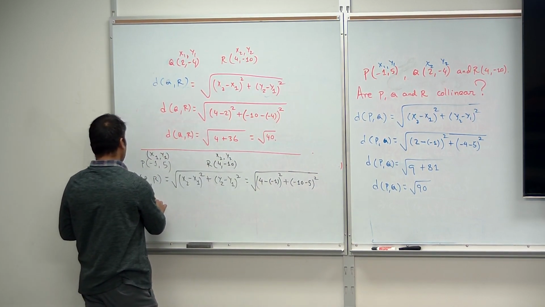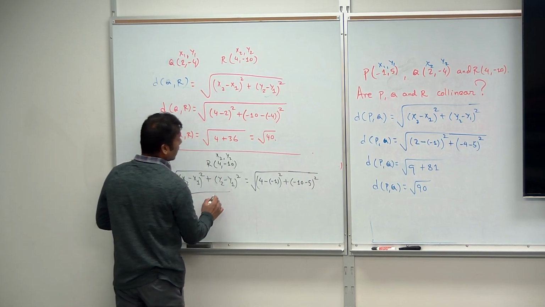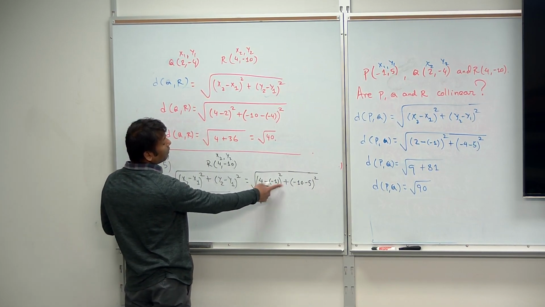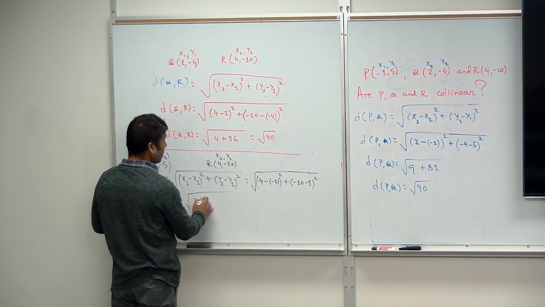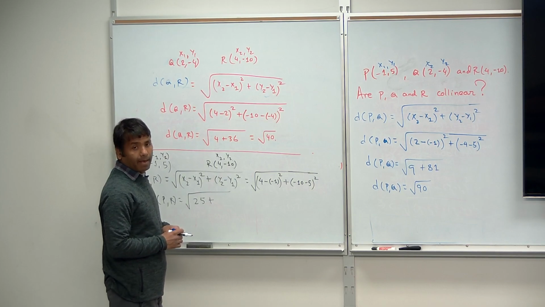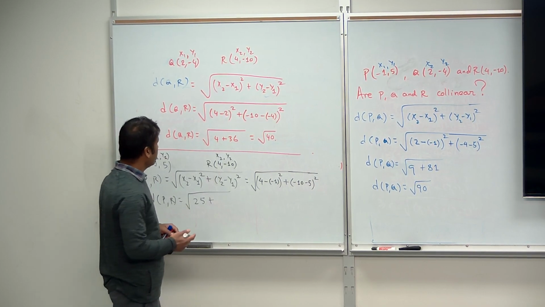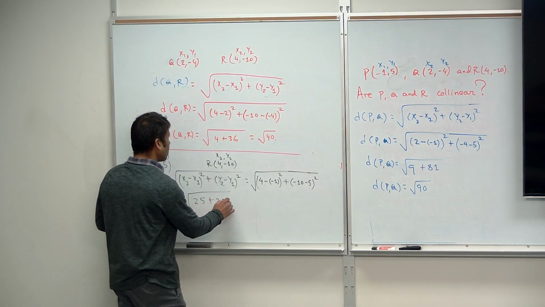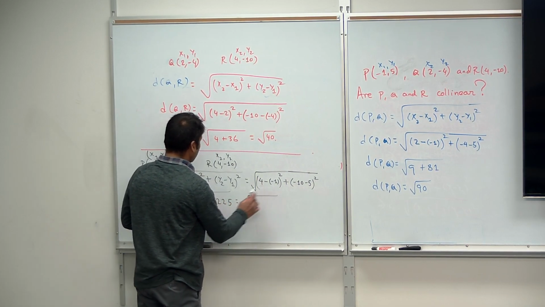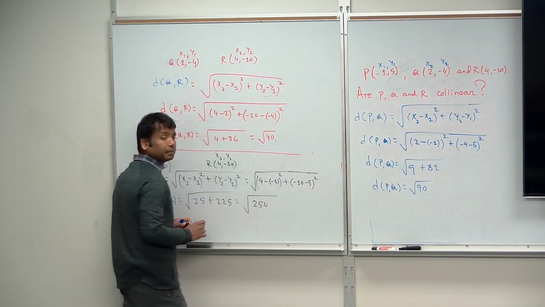And now the distance between P and R is equal to radical of 4 plus 1, 5 squared is 25, plus, what is this? Negative 15, so negative 15 squared is 225, and this is radical. So 25 plus 225 is 250.